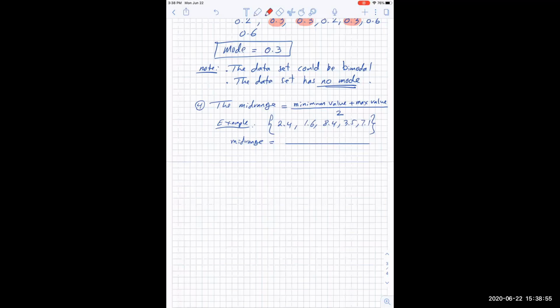The lowest value is 1.6 and the largest value is 8.4. 1.6 plus 8.4 divided by 2. And that will give me 10 over 2, which is 5.